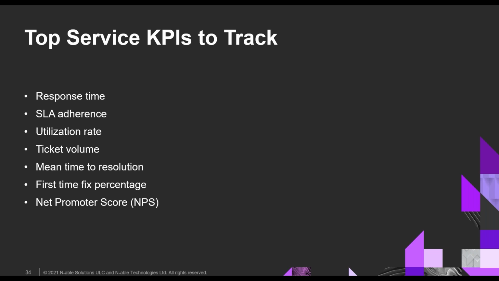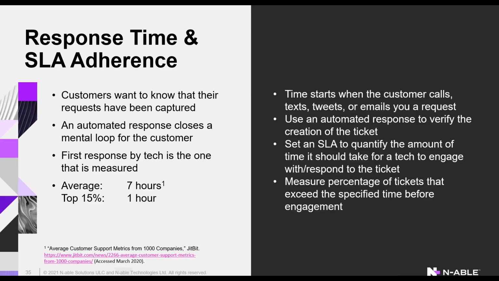And all of these tie in together in some fashion. So we'll go through these and we'll look at how we're going to measure the KPIs. We're going to look at why we are measuring them and what we are going to do with some of them. Okay. So response time and SLA adherence.